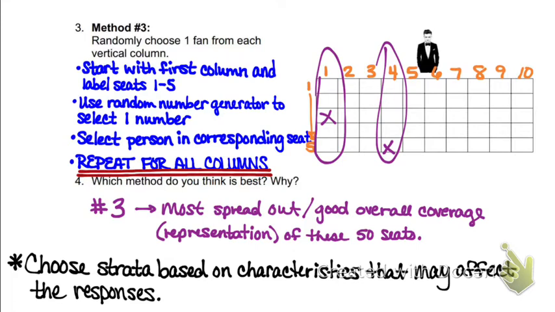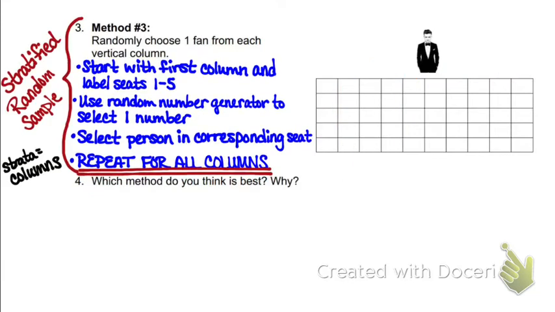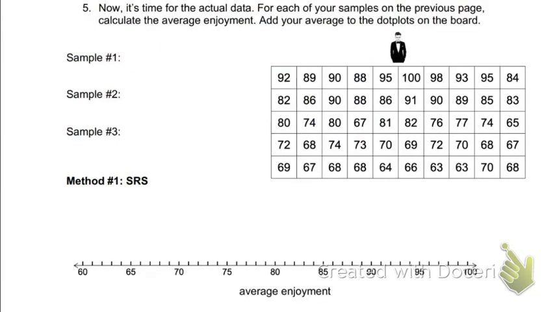All right, now that you've picked out your seats, we're actually going to calculate how much these different fans enjoyed the show. If you turn the page, these are the ratings that all 50 people gave it.